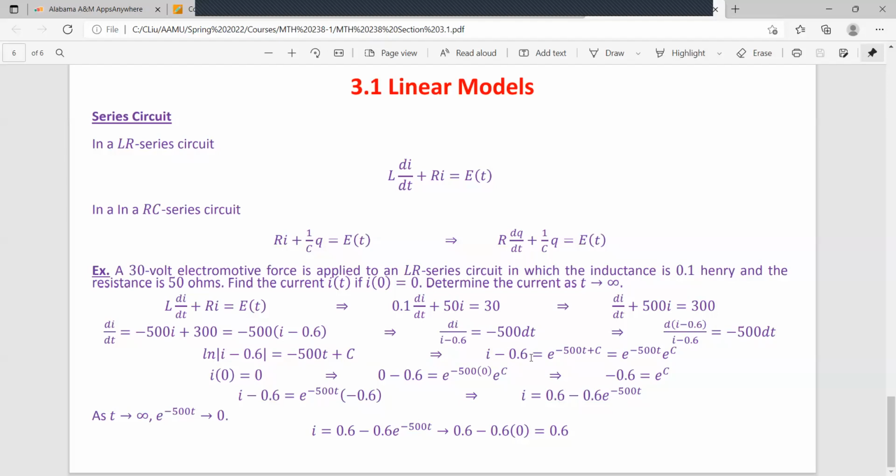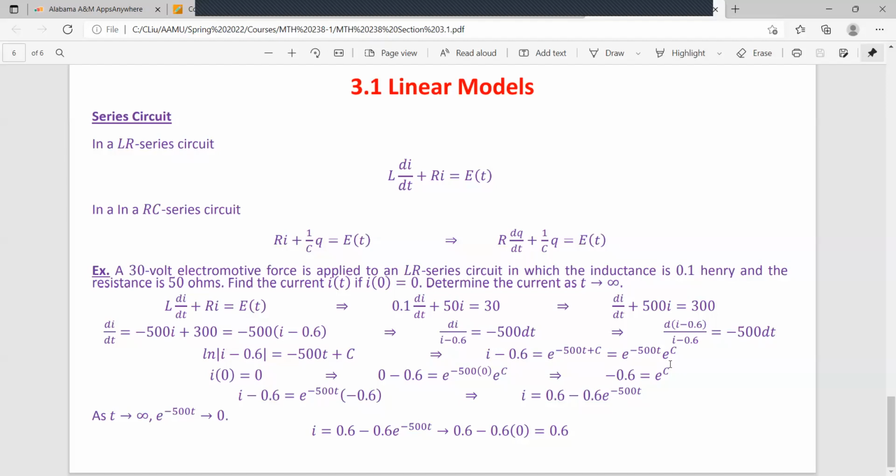When you take the exponential, the sum of the exponents becomes a product of two exponentials with the same base e. Okay. So I minus 0.6 equals e to the negative 500 t times e to the c, or you can use another arbitrary constant, c1, instead of e to the c, and rewrite that as c1 if you want.